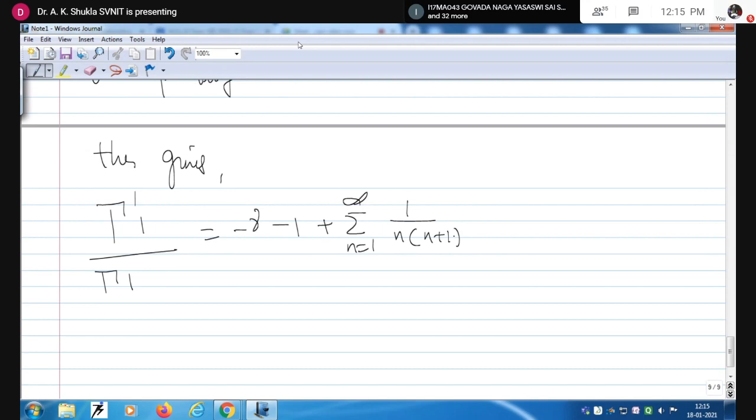So this can be written as minus gamma minus 1 plus the summation n equal to 1 to infinity of 1 upon n minus 1 upon n plus 1.